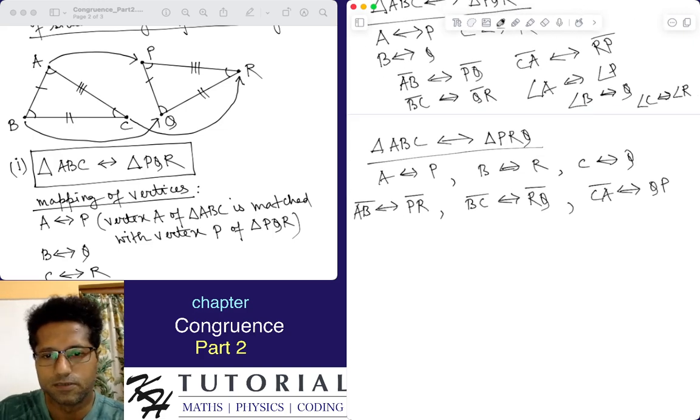Now let's take another example. Let's say triangle CAB is mapped to triangle RPQ.